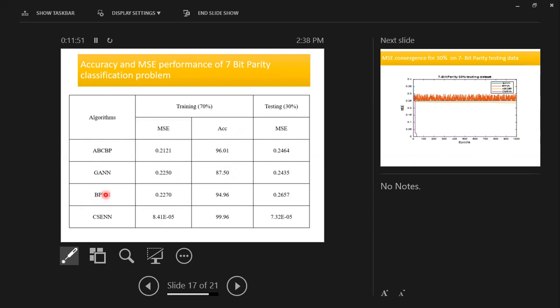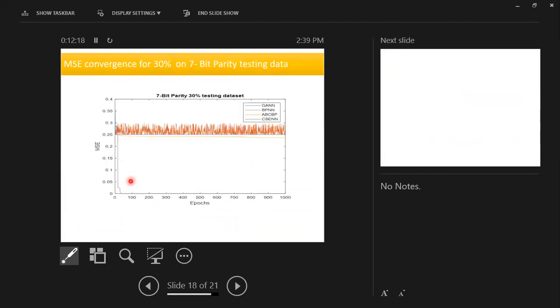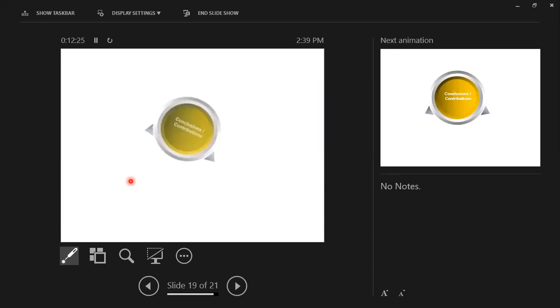The backpropagation algorithm gives a mean square error of 0.227 and an accuracy of 94.96 with 70% of training data. At the end, the chicken swarm Elman neural network gives an accuracy of 99.96 with 70% of the training data. These are some of its graphical representations, and graphically it shows that the chicken swarm gives the best accuracy.